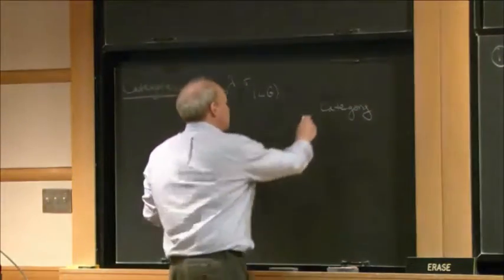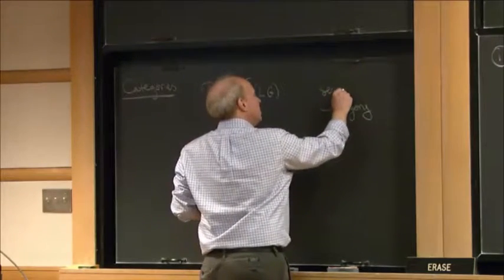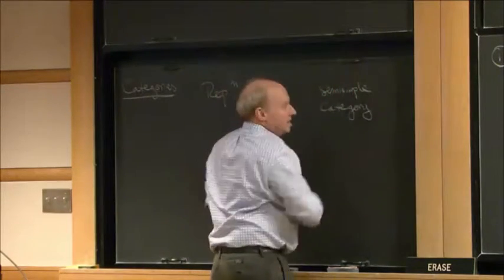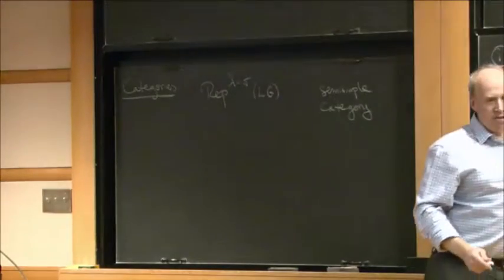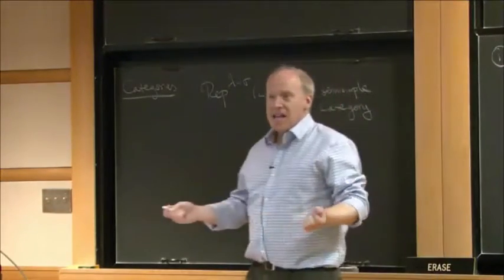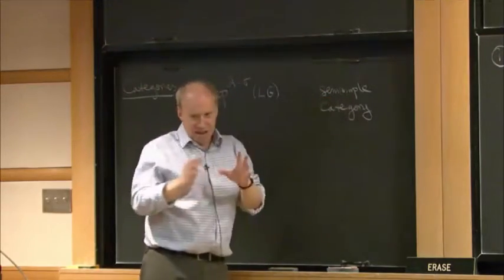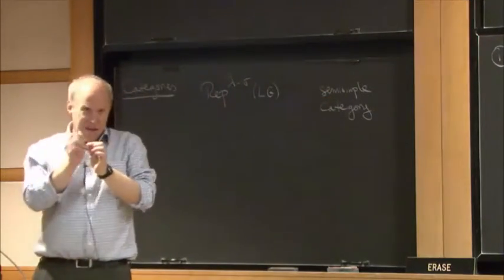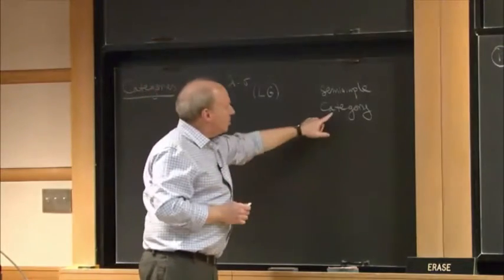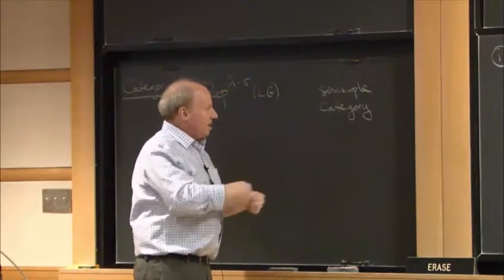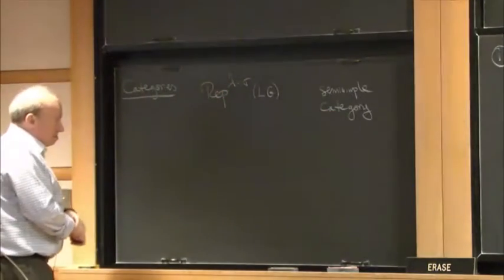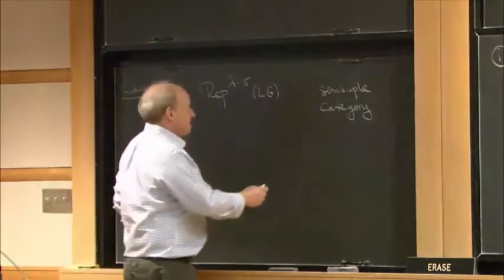And one key feature is that it's a semi-simple category. So I said here that these representations are discrete. They don't come in continuous families. And the corresponding statement here is that this category is rather small. There is only a finite number of inequivalent irreducible objects and finite dimensional spaces of maps between them. But it has a lot more structure.